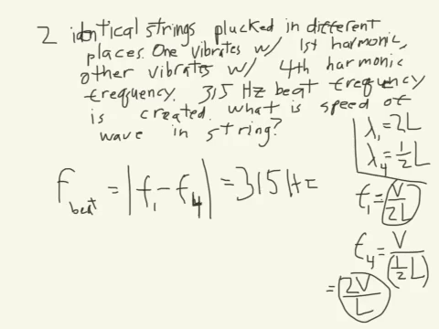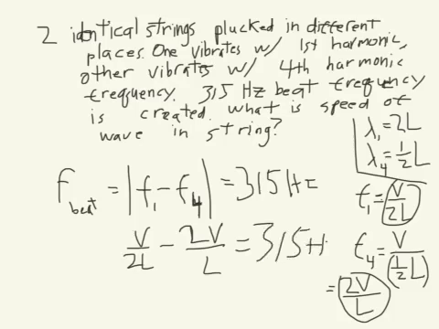But anyway, I'm going to insert our definition of F1 in here, and then I'm going to insert our definition for F4 over here, and that was equal to 315 Hertz. And now we have an equation with the unknown we want to solve for, and a length that we know is equal to 1.91 meters.